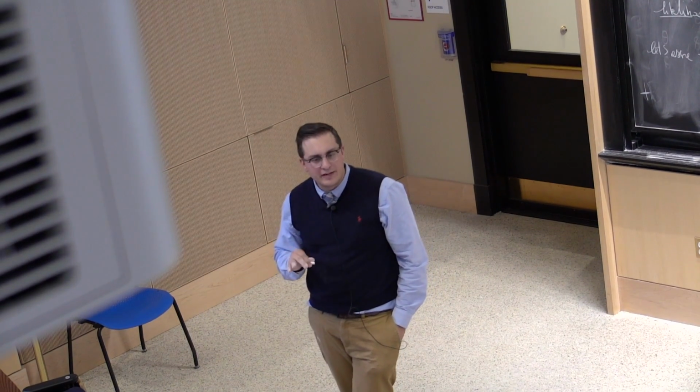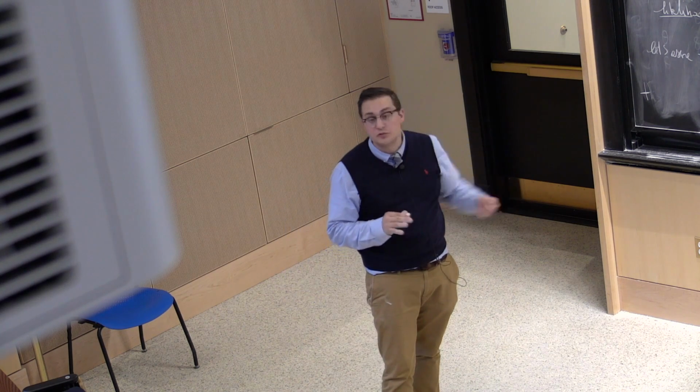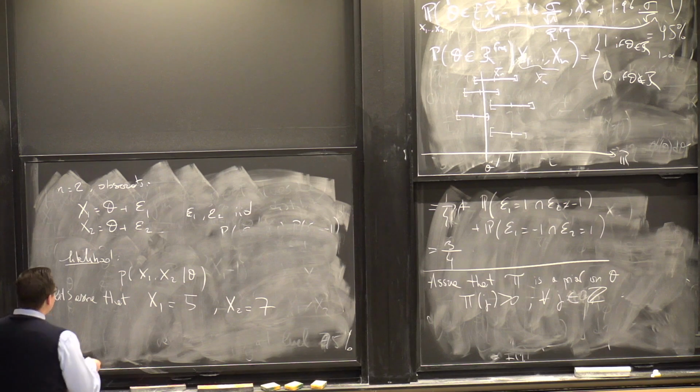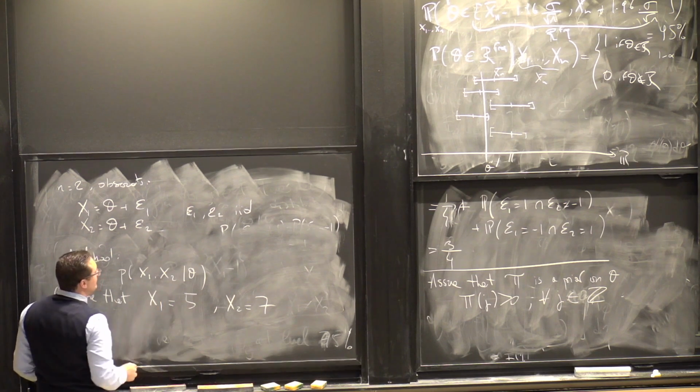I'm not going to take the case where they're actually equal to each other, because in this case I know that x1 and x2 are different. I know I'm going to nail exactly what theta is by looking at the average of those guys, right? Here, it must be that theta is equal to 6. So what I want is to compute the likelihood at 5 and 7, okay?